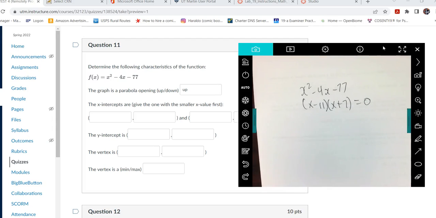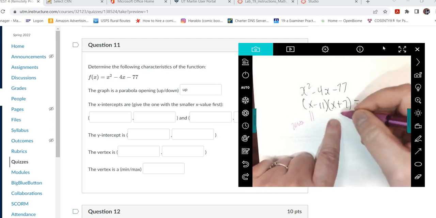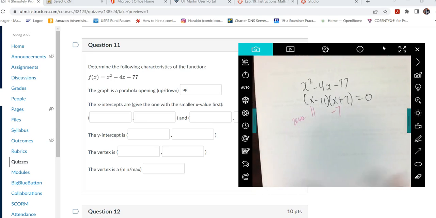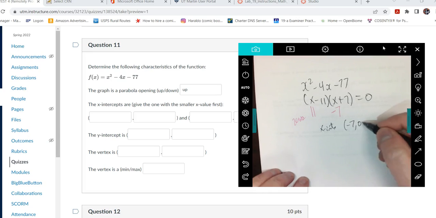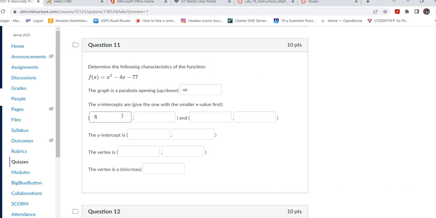So what are the zeros? The zeros are 11 and negative 7. These are real zeros, and so those are my x-intercepts. And so my x-intercepts are going to be negative 7, 0, and 11, 0. Okay. So I had to give the one with the smaller x value first.